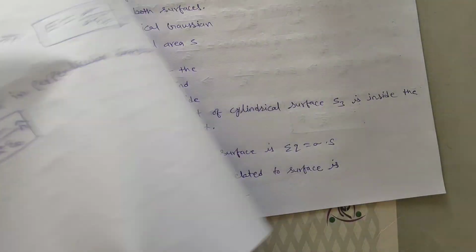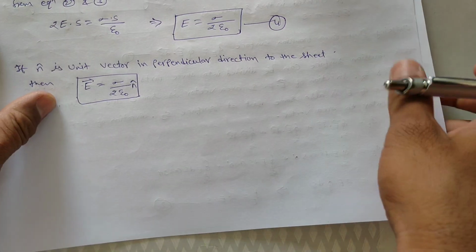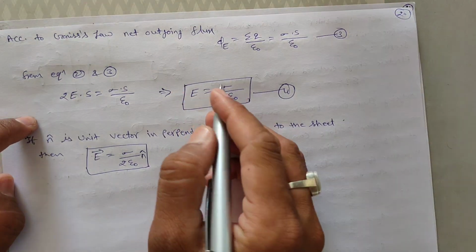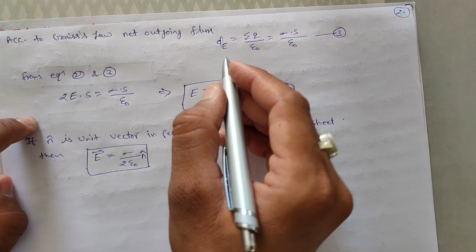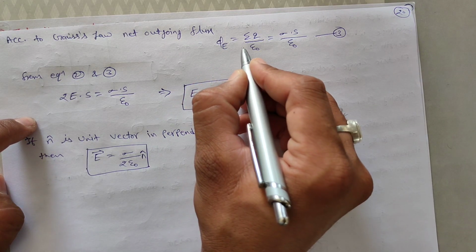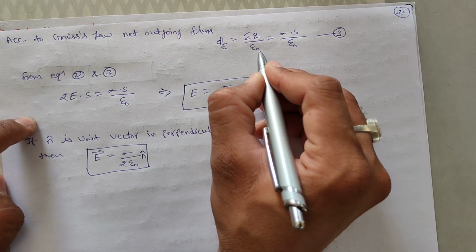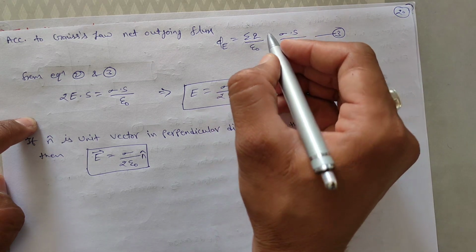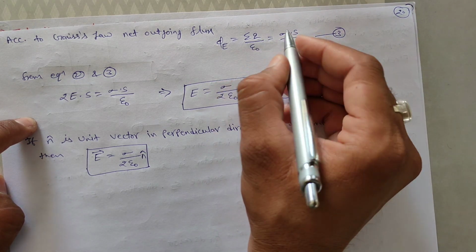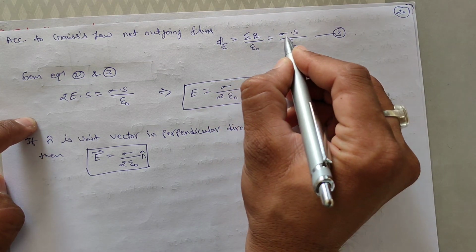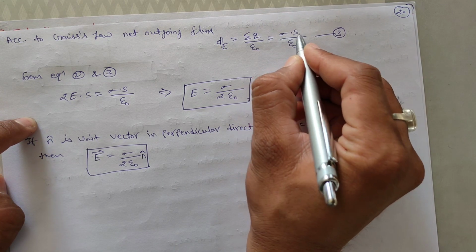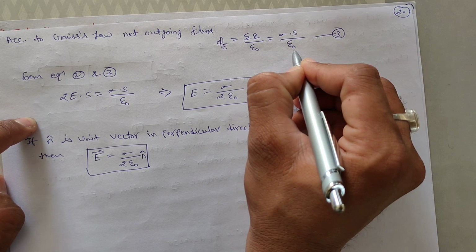Now from Gauss law, the net outgoing flux from the Gaussian surface phi E equals summation q upon epsilon naught. We put the value of summation q, then phi E equals sigma into S upon epsilon naught.